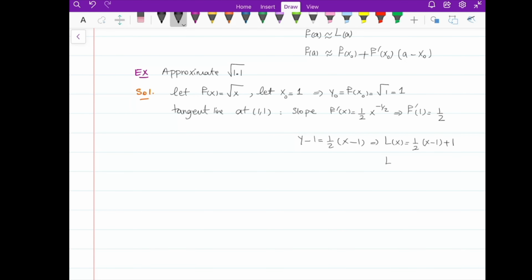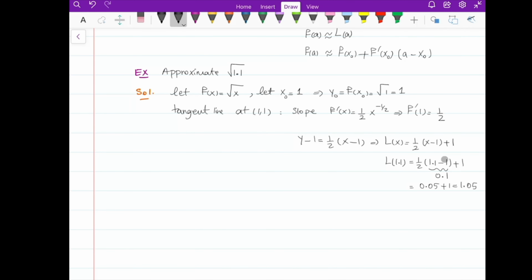Okay, now what is L of 1.1? It's 1/2 times 1.1 minus 1, plus 1. This is 0.1. Okay, so 0.1 divided by 2 plus 1, it would be 0.05 plus 1, which is 1.05.